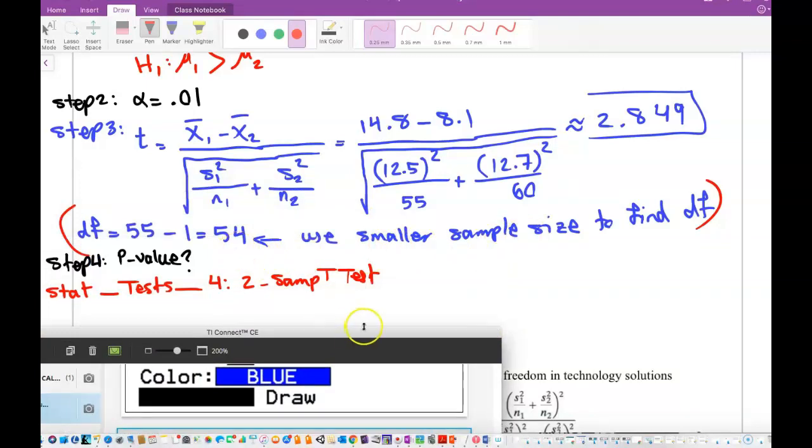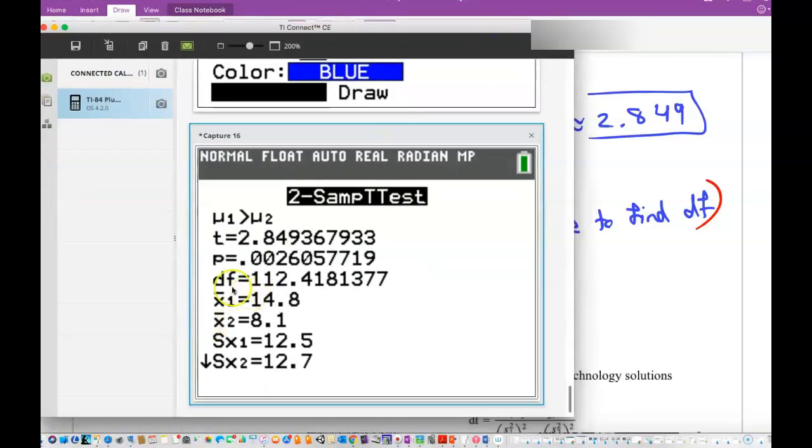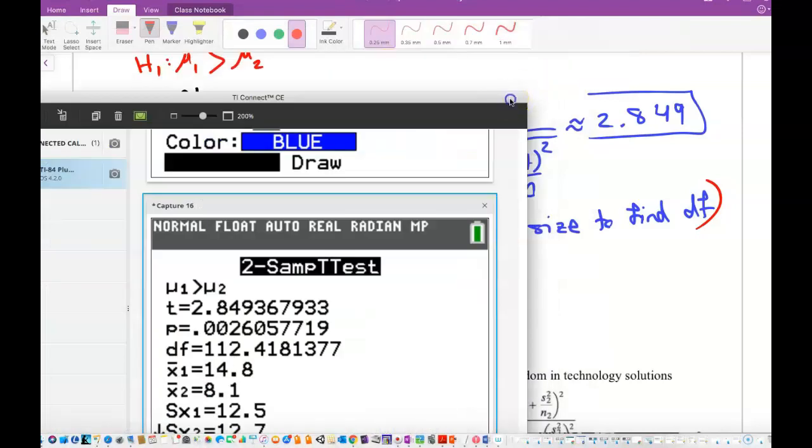So using 54, that is when we're trying to use a table, but when using technology, you have a different degree of freedom, 112.4181. So 112, which is larger than the 54 we got here. So it's better to use the calculator.